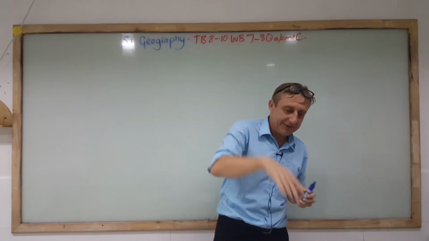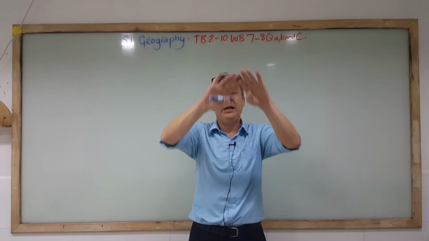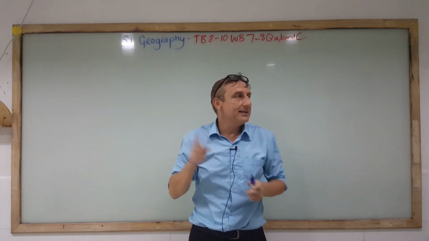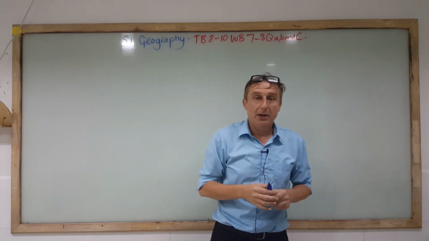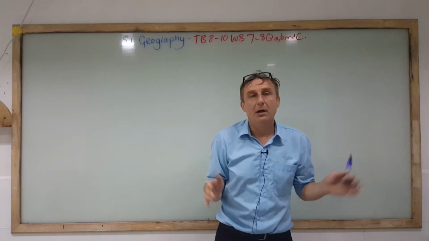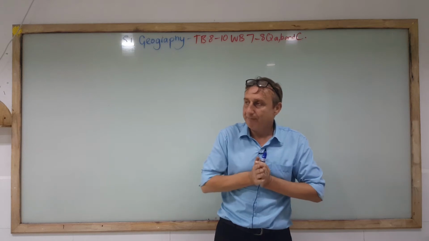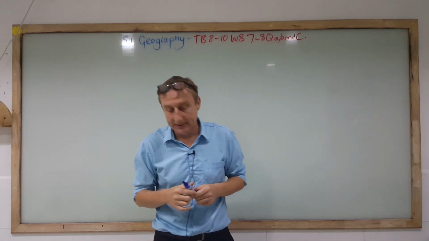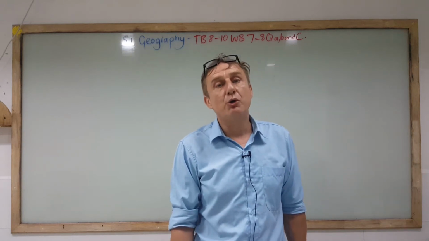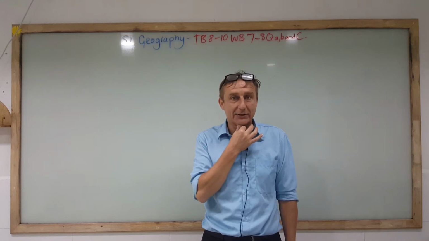The 4 spheres. 1, the atmosphere, to do with the air around the planet. 2nd is the biosphere, which is to do with all life, be it plant or animal, on the planet. The 3rd sphere is the hydrosphere, the clue is in the name, and that is to do with water, so the oceans, the rivers, the lakes, etc.